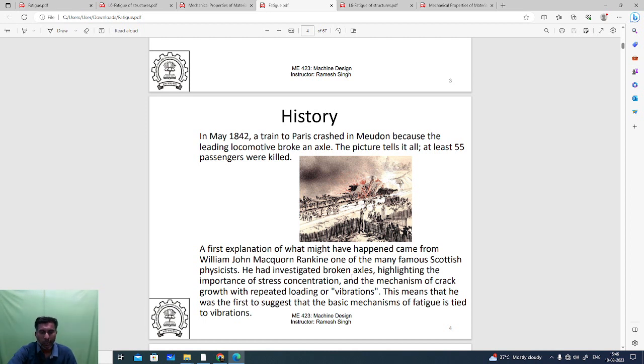He had investigated broken axles. The failure was mainly due to the axles, highlighting the importance of stress concentration. Because of the failure, it was loaded at the stress concentration factor, and the crack grows with repeated loading and then vibration. He was the first to suggest that the basic mechanism of fatigue is tied to vibration.